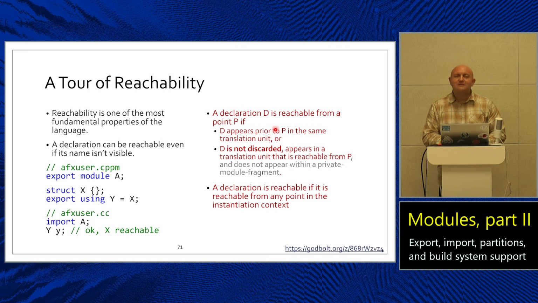And this is the key to the task from the previous slide. The last condition, not discarded, is really important. Some declarations can be discarded in the context of instantiation, and that's exactly what we'll explore now, because it finally allows us to describe where the specializations actually live relative to their primary templates.